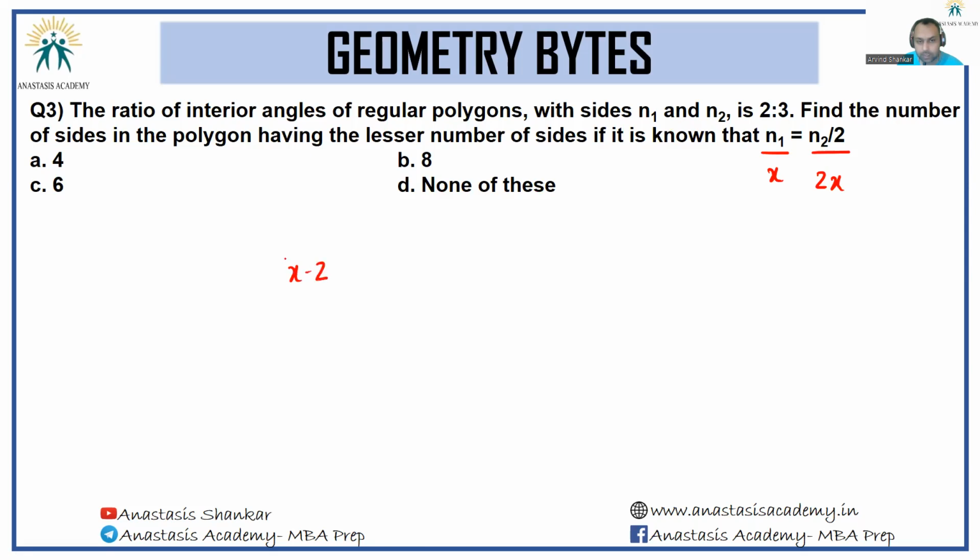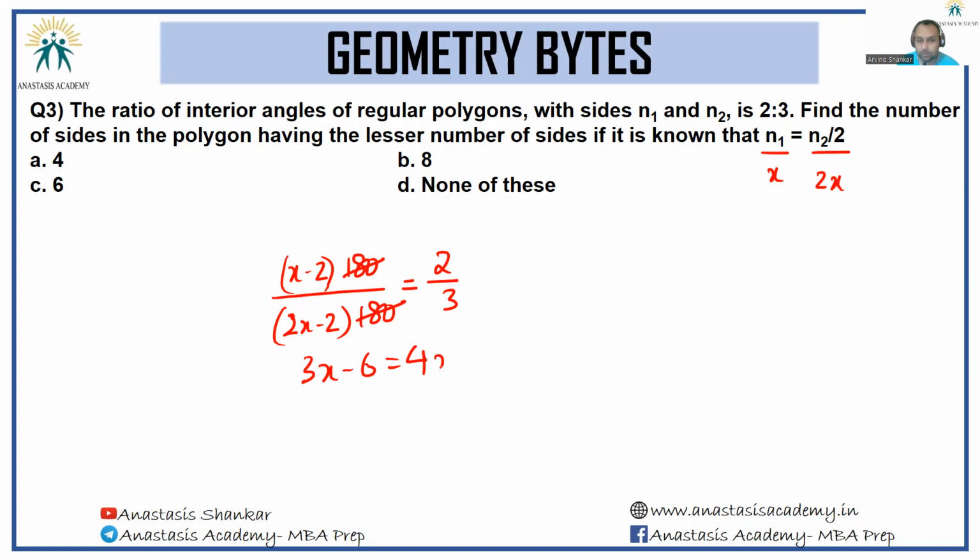So (x minus 2) into 180 by (2x minus 2) into 180 is equal to 2 by 3. So cancel. 3x minus 6 is equal to 4x minus 4.